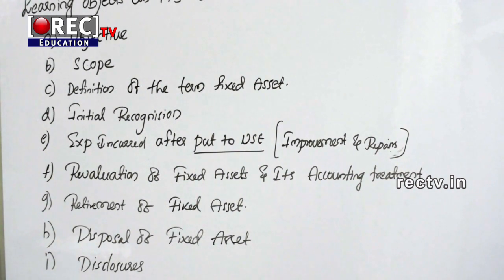And the sixth, grants received in relation to fixed assets. These grants have a separate standard, that is AS12. And the seventh, accounting treatment for interest in relation to borrowings for fixed assets. This also has a separate standard, that is AS16. AS16 deals with the accounting treatment for interest in relation to borrowings for fixed assets.